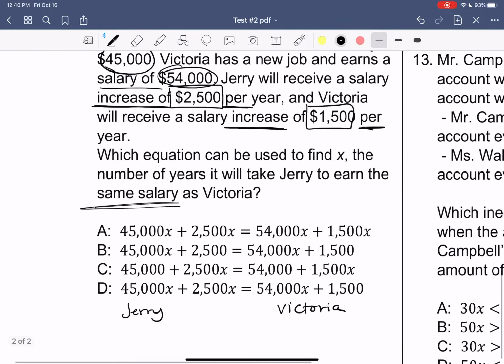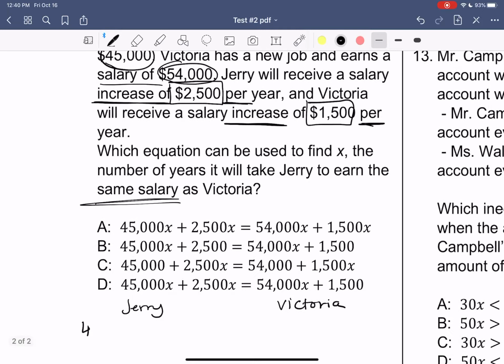So Jerry has the $45,000 plus he's getting a salary increase of $2,500 per year, and Victoria is having a salary of $54,000, and she's increasing at $1,500 per year. So in this case, we're looking for the $2,500.